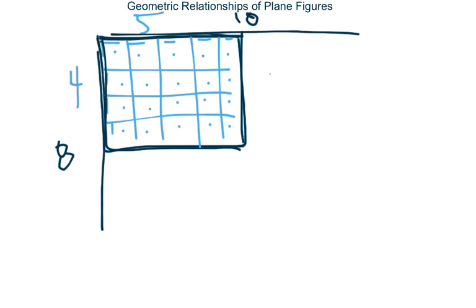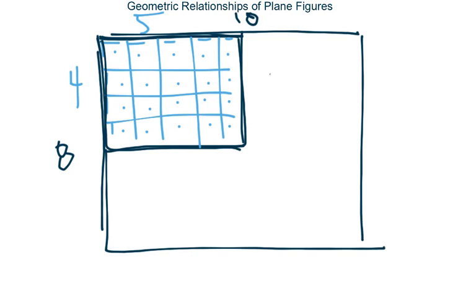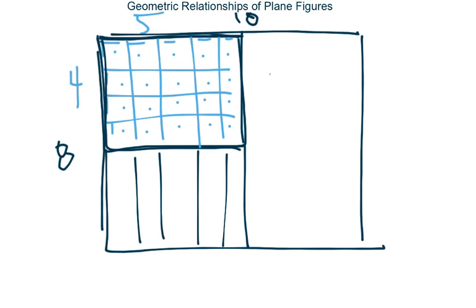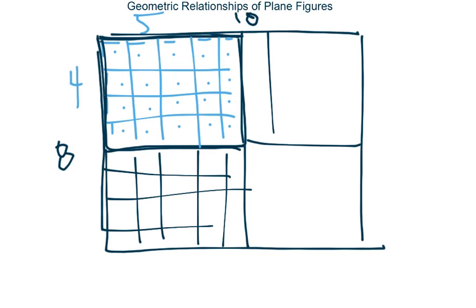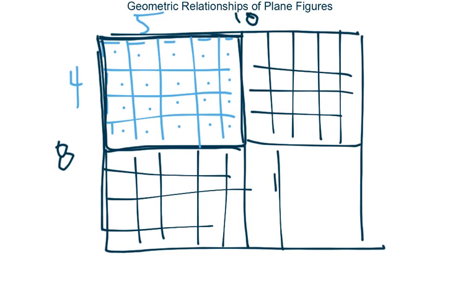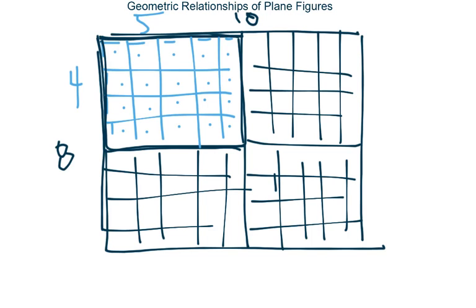Does that mean that the area also doubles? Not quite, because as you can see, now we have another 20 over here and another 20 over here and another 20 down here. So even though the sides double, the area actually increases by 4, or 2 squared.